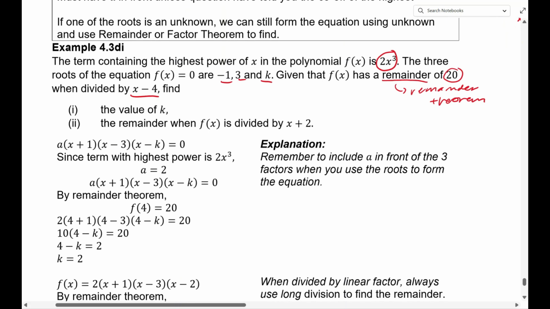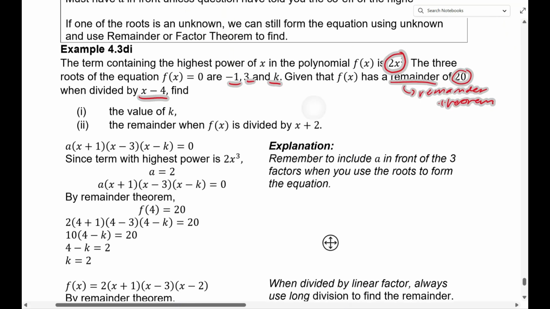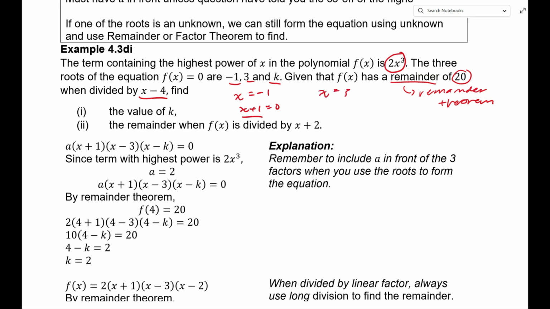Okay, so we'll start forming our equation. So since the roots means x equals to, right? So x equals minus 1, shift it over, x plus 1 equals 0. This is our factor. Then we'll do the same with 3 and then with k. So x equals 3, shift it over, this is our other factor. x equals k, shift it over, this is our factor.